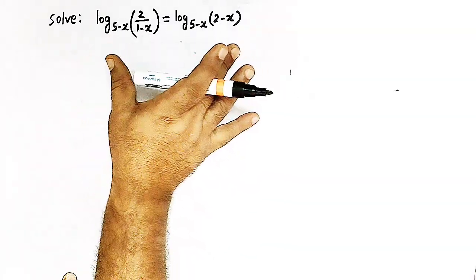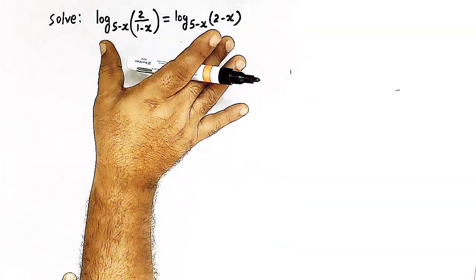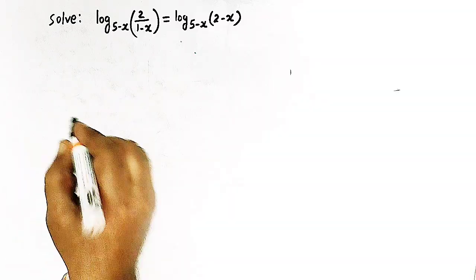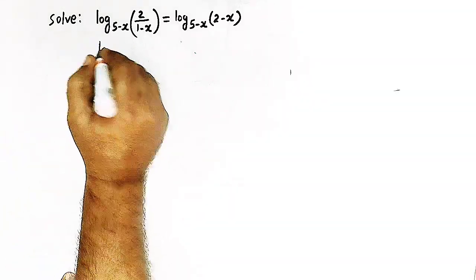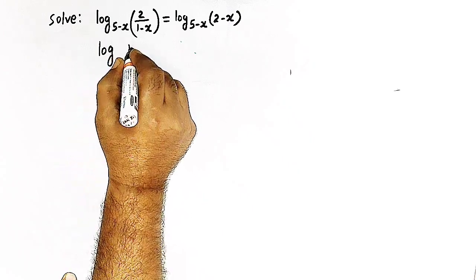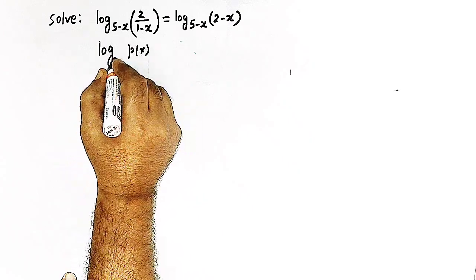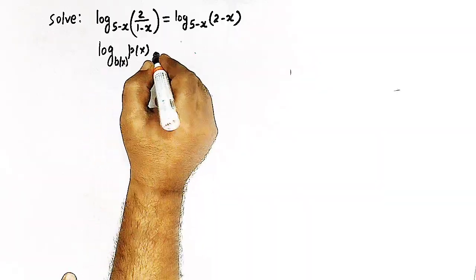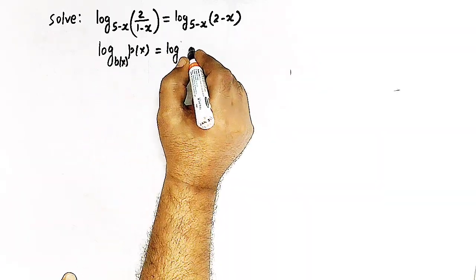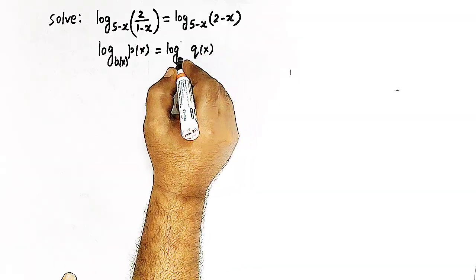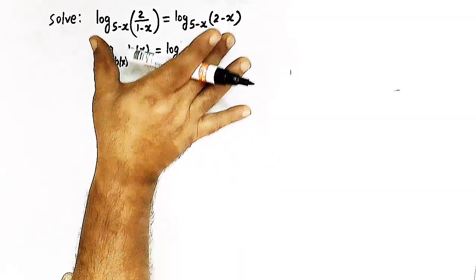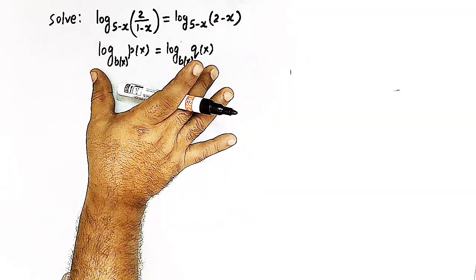So in order to solve this type of logarithmic equation, let us first consider the general form. Suppose we have an equation of this form, that is logarithm of say p of x to the base b of x is equal to logarithm of q of x to the base b of x, right? So this equation is similar to this one.